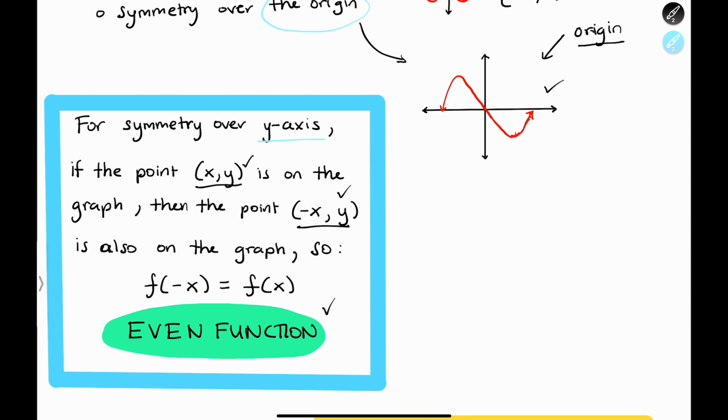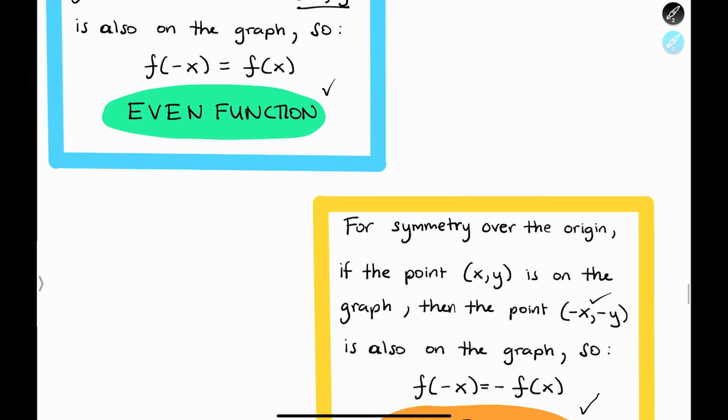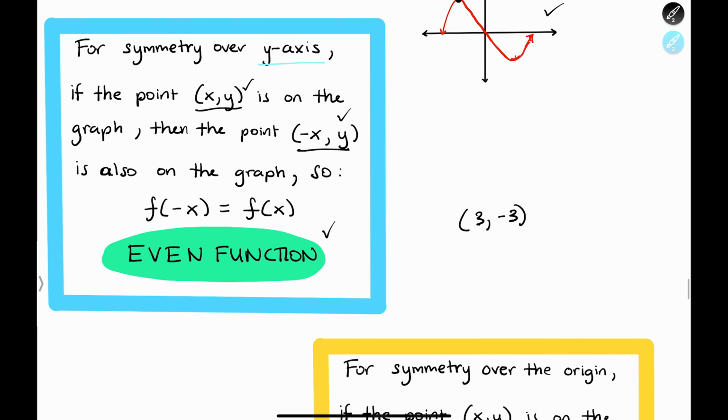And let's pick this point over here. We'll call this negative 3, 3. So according to this logic, there must be a point on this graph that is 3, negative 3. And we can see that there is a point just like that over here.